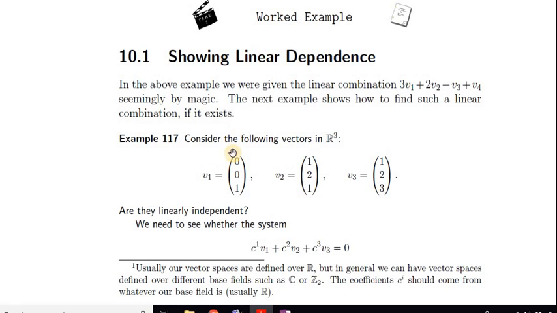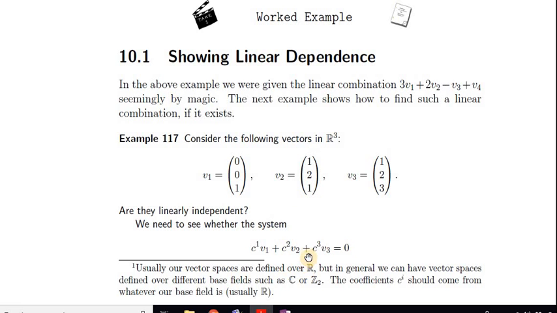Right? Well, let's consider this example. Suppose we have these three vectors. Are they linearly independent or not? Well, if they're linearly dependent, I can form a linear combination and get 0. Now, if you think about it, this is actually a system of equations in 3 unknowns, C1, C2, and C3. It's a homogeneous equation because the right-hand side is 0.